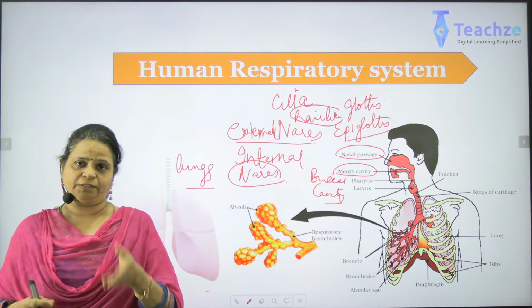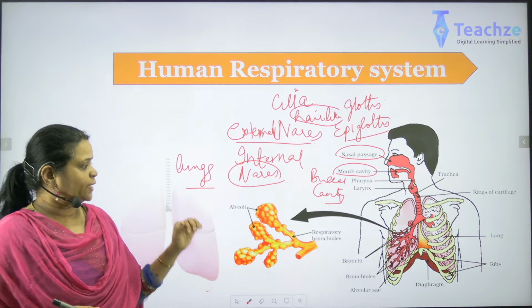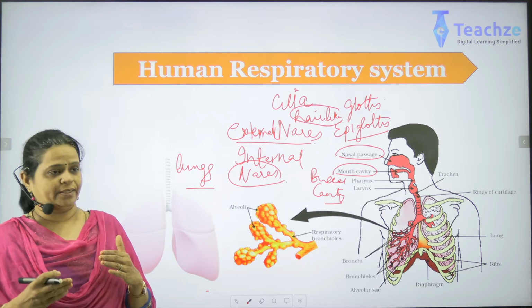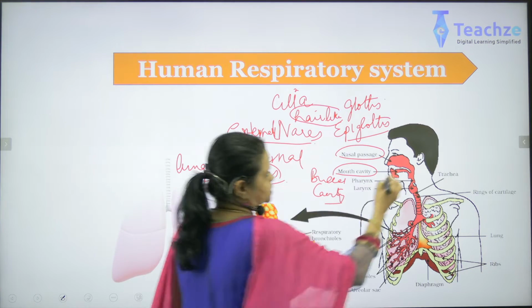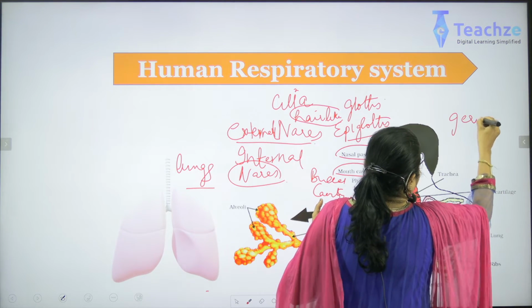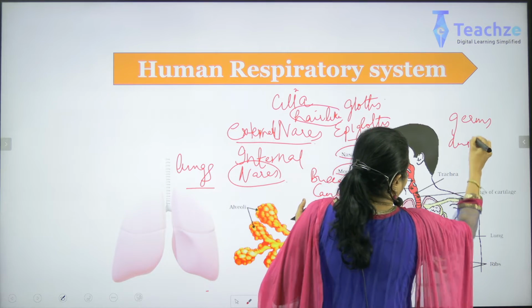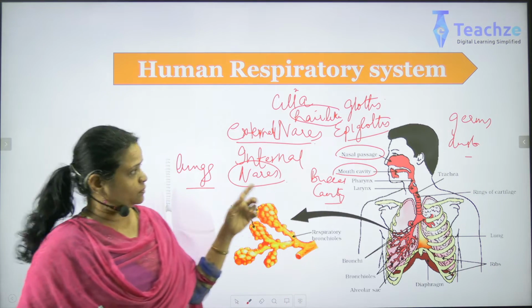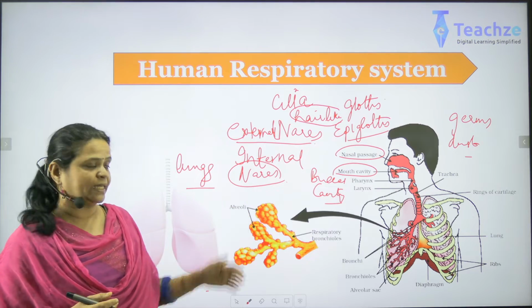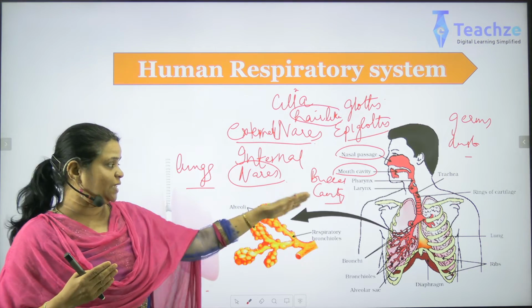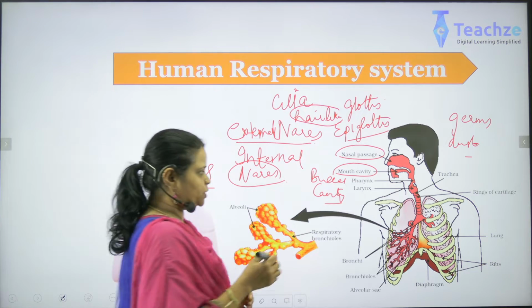What is the function of this cilia? The cilia guard the air and make it free of germs as well as dust particles. Only then will the internal nostrils allow the passage of the air to the next part, the buccal cavity, also called the buccopharyngeal cavity.